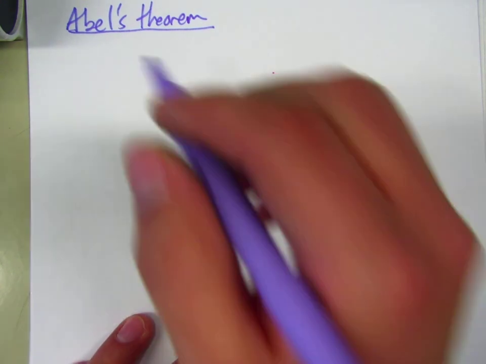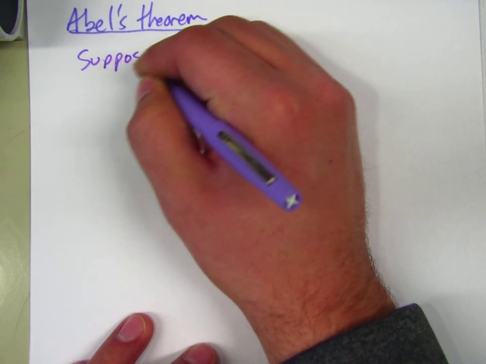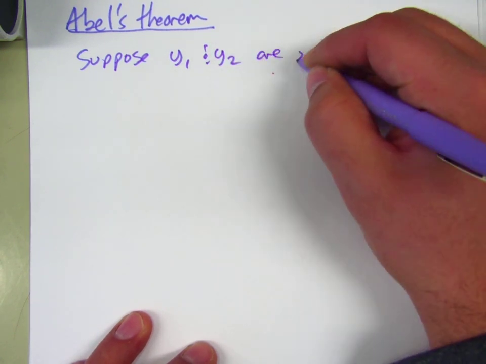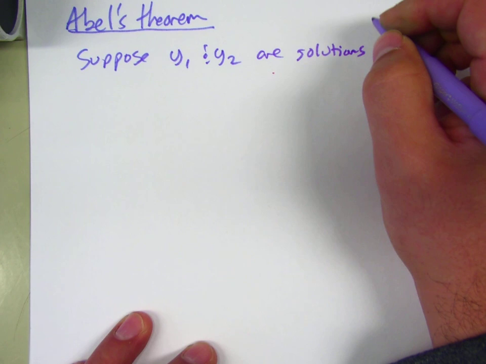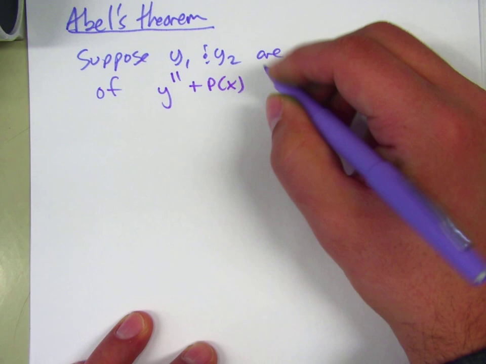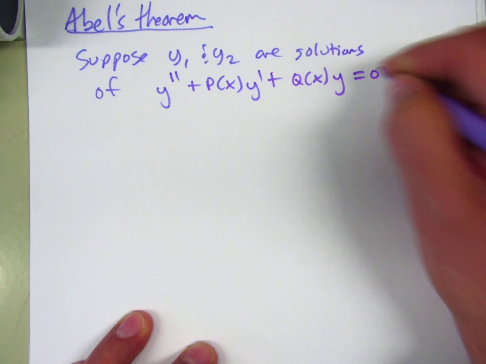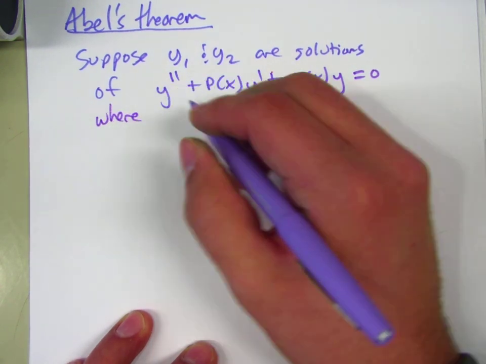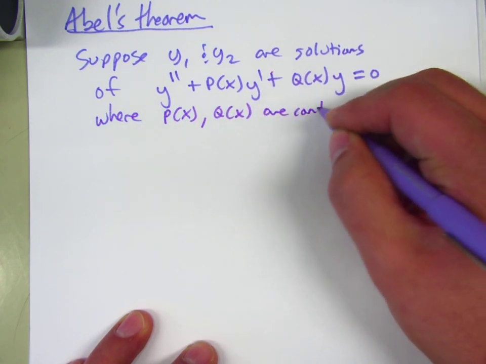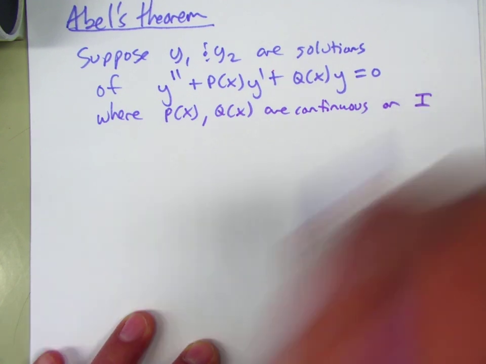So we're going to start with this. Let's suppose that we have y1 and y2, and let's say that they are solutions of the differential equation y double prime plus p of x times y prime plus q of x times y equals 0, where p and q are continuous on some open interval I. So these are all the conditions we need.